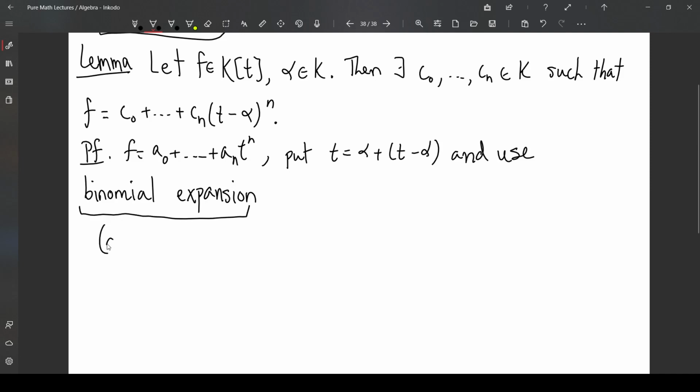So we have (a plus b) to the n is the sum over r from 0 to n of n choose r, a to the r, b to the n minus r, and the n choose r are just numbers, but in a commutative ring, remember that we have numbers given by a natural homomorphism from Z to R, right? Okay. And so really that's the lemma. If you wanted to write it out carefully, you could, but we don't really need to.